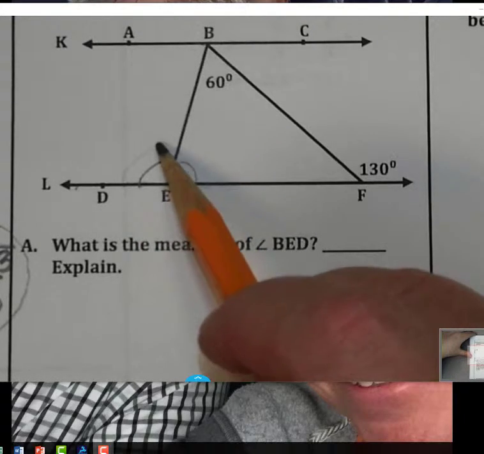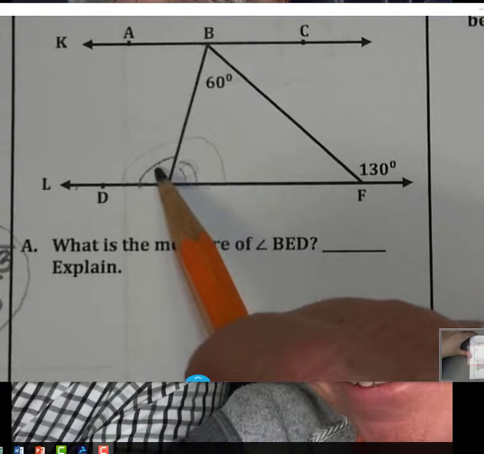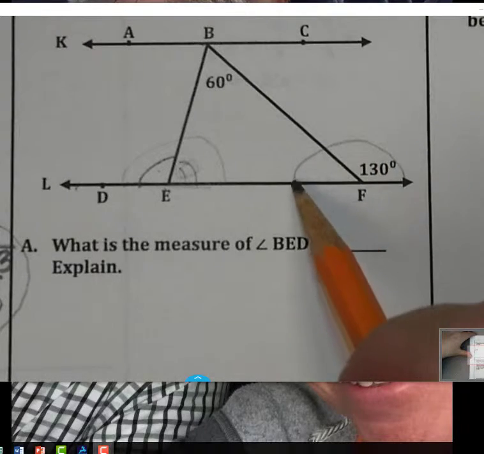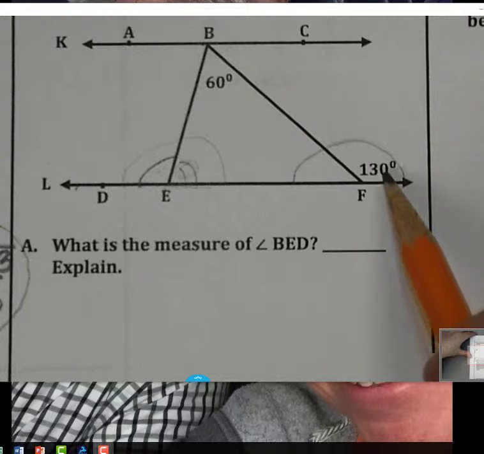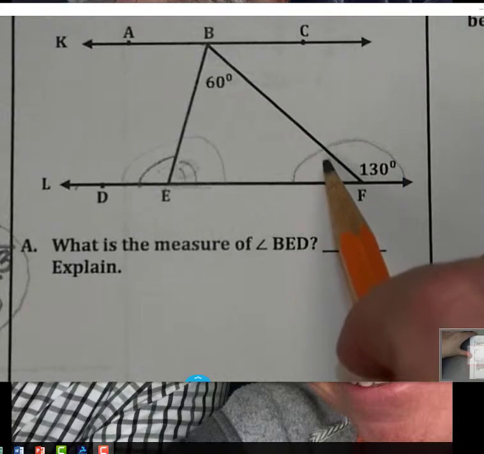And this is going to be 180 degrees. So if I can figure out what this degree is, then I can figure out what this degree is. So it's the same thing over here, is that all together this is 180 degrees. Well, if this is 130 and all together this is 180, this would be 50.